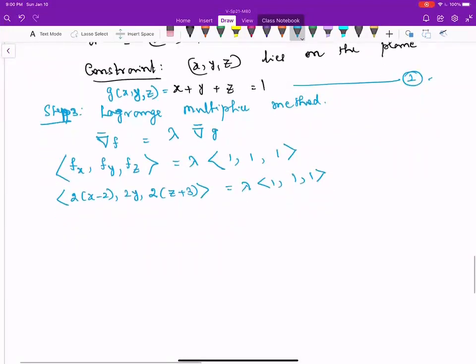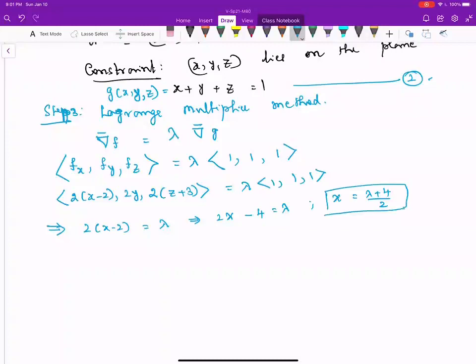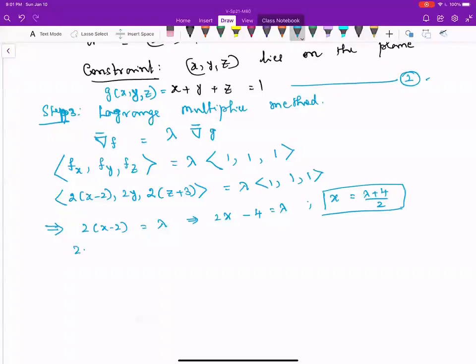Now you equate the corresponding components. So 2 times x minus 2 equal to lambda times 1, or 2x minus 4 equal to lambda, or x equal to lambda plus 4 divided by 2. So we got x. Similarly, we can find out y. So 2y equal to lambda.